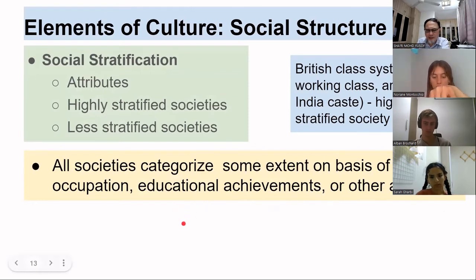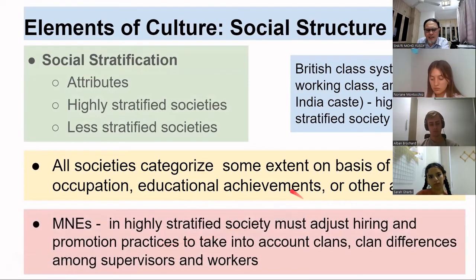We categorize, all societies will categorize, but if it's a highly stratified society, you must be careful about how you hire or do your promotion practices. So it says here, in a highly stratified society, you must adjust hiring and promotion practices to take account of clan differences among supervisors and workers.